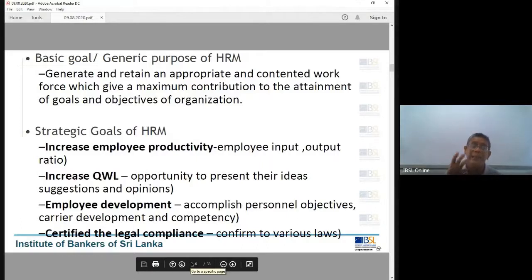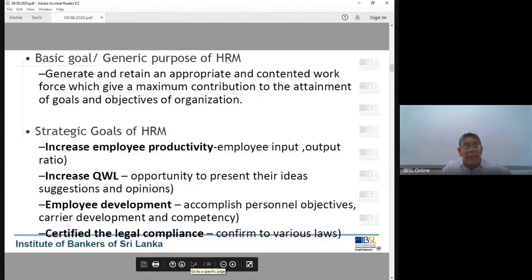That is human resource management. Any human resource management's generic purpose is that: the correct workforce who give you a maximum contribution to attain the organizational objective.